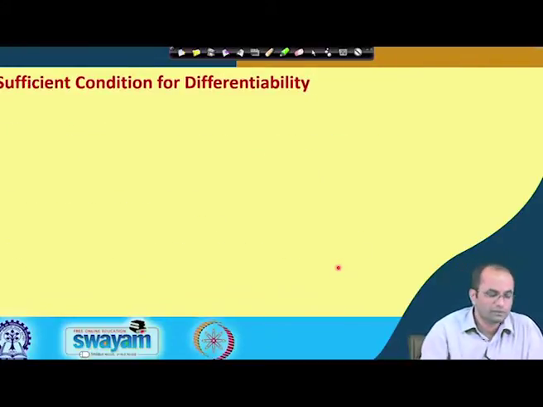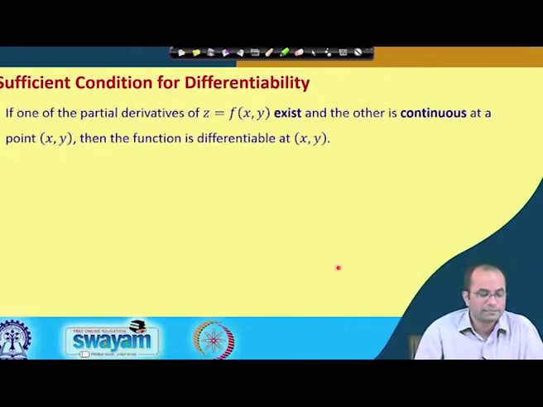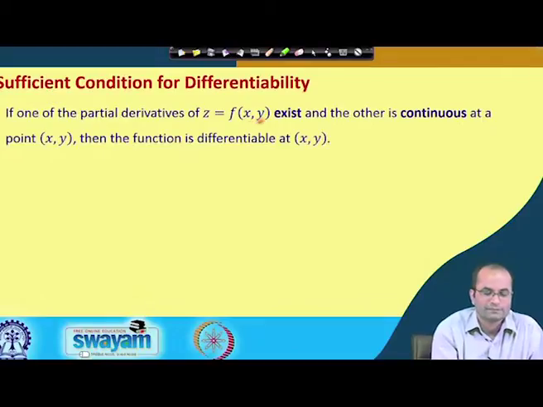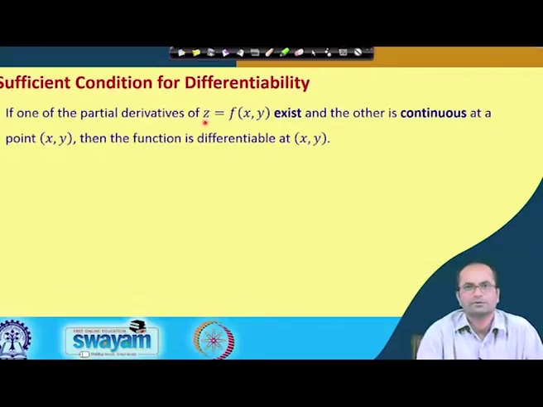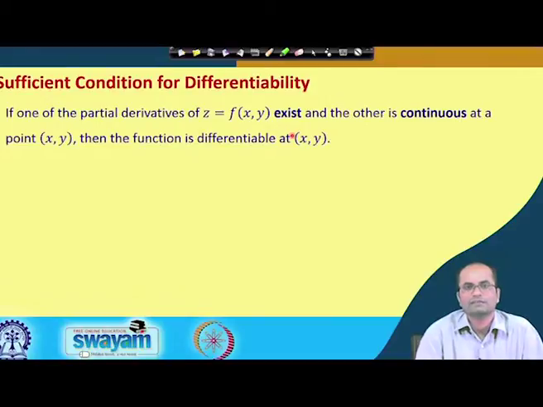So now we will move to the sufficient conditions for differentiability. In this case, if one of the partial derivatives of z exists and the other is continuous at a point (x, y), then the function is differentiable at (x, y). The existence of both partial derivatives is anyway a necessary condition, so we must have both for discussing differentiability.